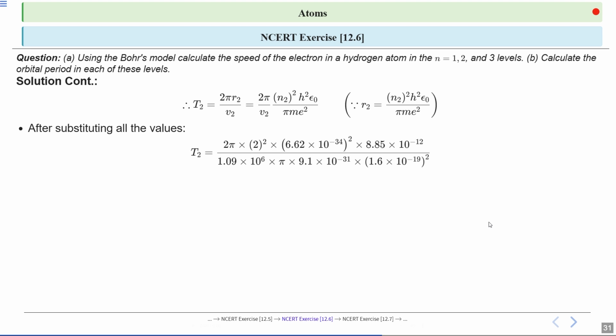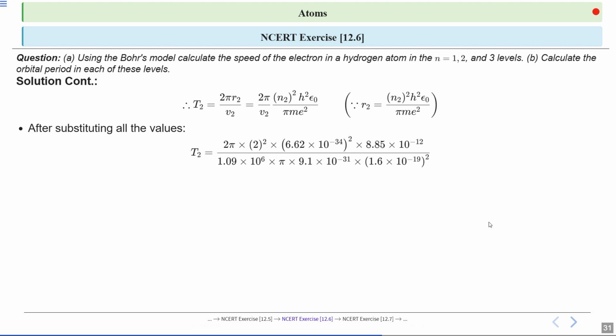We have 2 pi times 2 squared times Planck's constant squared, that is 6.62 times 10 to the power minus 34, and 8.85 times 10 to the power minus 12, all divided by the product of electron speed, that is 1.09 multiplied by 10 to the power 6 at n equal to 2, multiplied by pi times 9.1 multiplied by 10 to the power minus 31, that is the electron mass, and multiplied by the square of electron charge, that is 1.6 multiplied by 10 to the power minus 19 square.